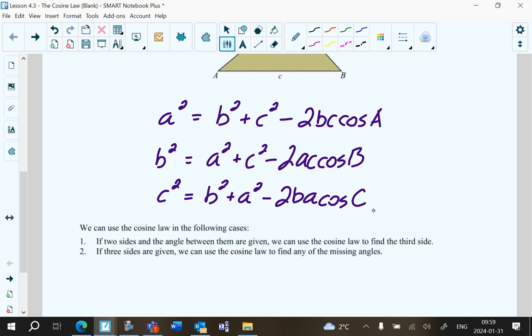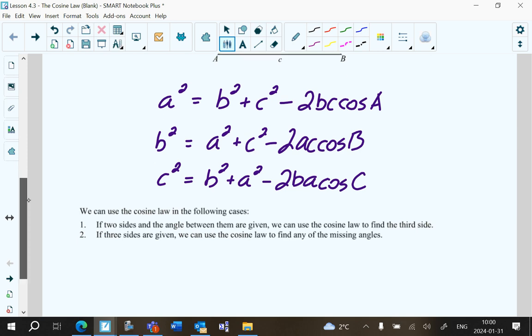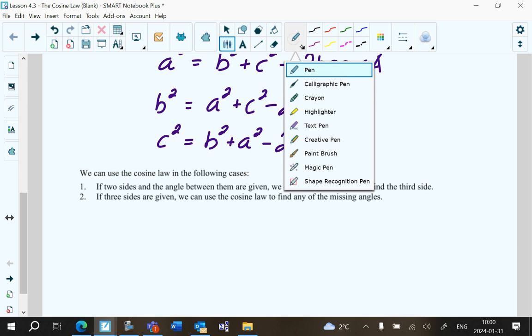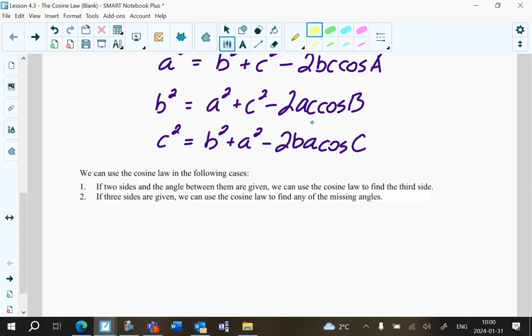So one of the questions before we start doing a couple of examples, how we use these, is how do we know when to use sine law, when to use cosine law? Here's how I like to do it. There are only two situations where we use cosine law.